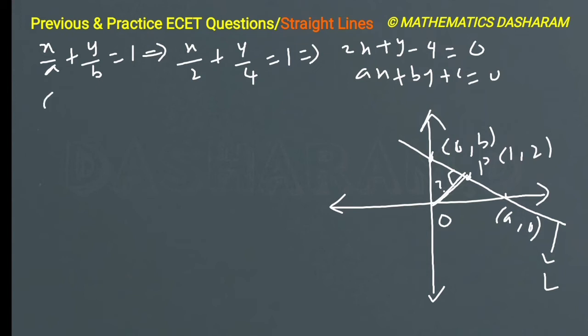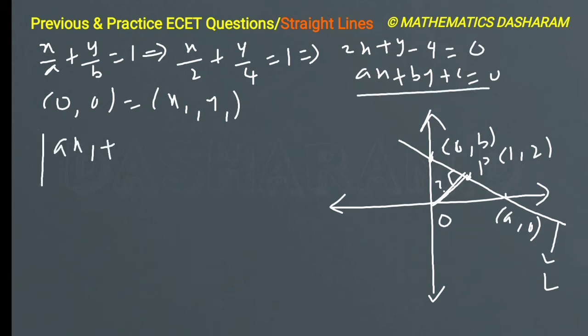Origin means (0, 0), so take it as (x1, y1), and here is the line. The suitable formula is |ax1 plus by1 plus c| divided by the square root of a squared plus b squared.